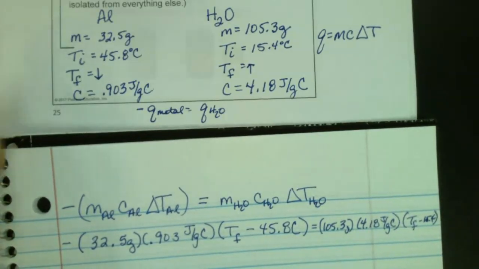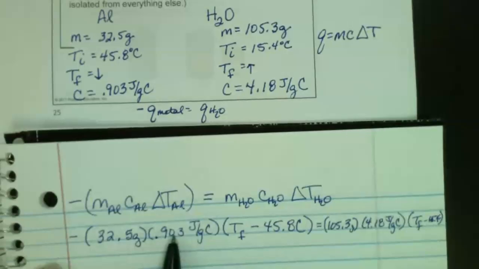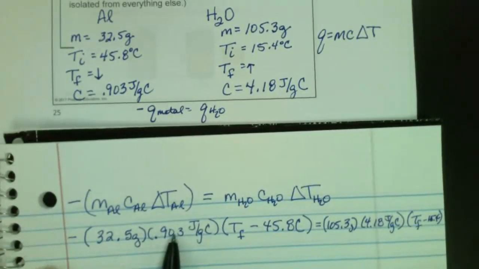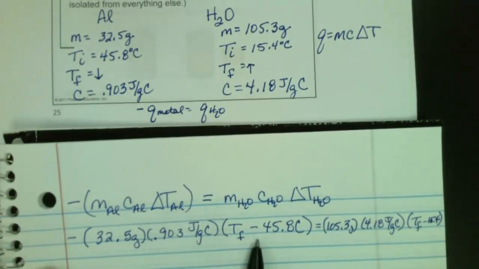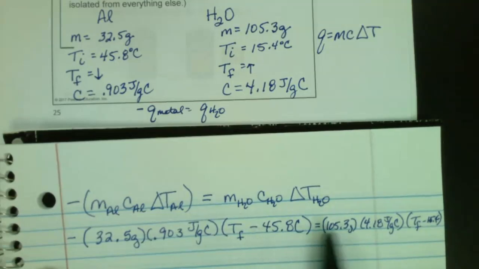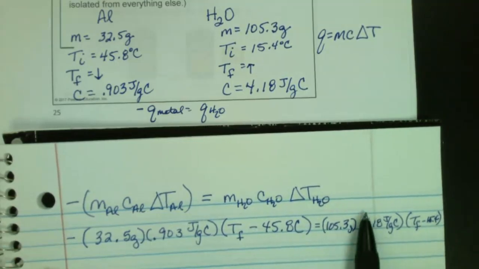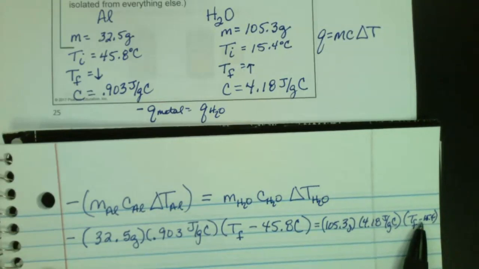Now, to clean that up a bit, I'm going to multiply these two together and distribute through here. I'll multiply these two together and distribute through here.